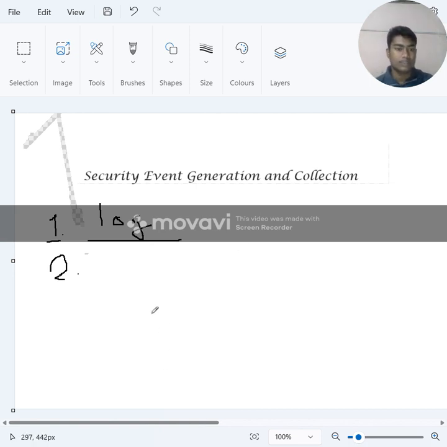One type is logs, and another is network traffic analysis.